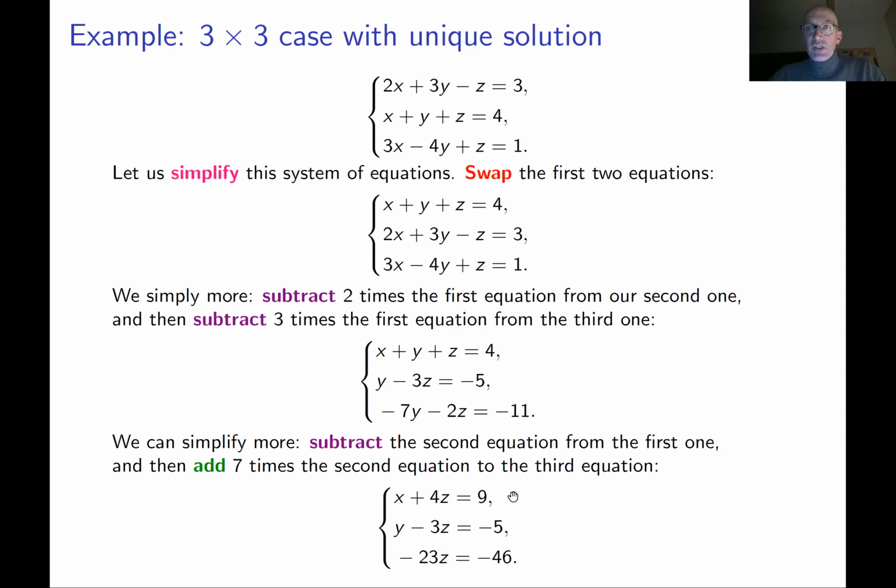The only delicate issue is that when you simplify your equations step by step, you must remember that you should always be able to go back. If I did some simplification to this system and got to this, you should be able to return back.